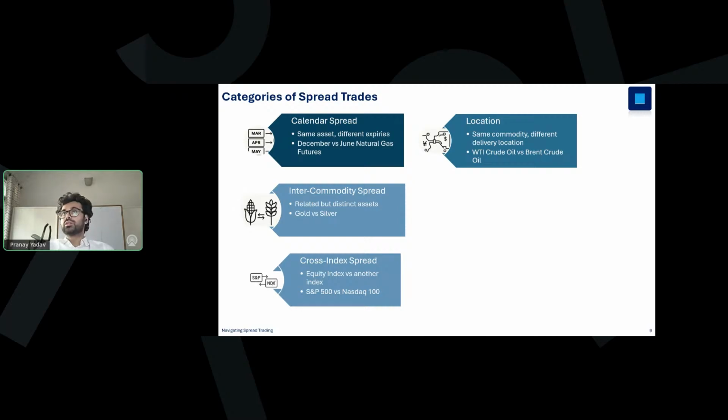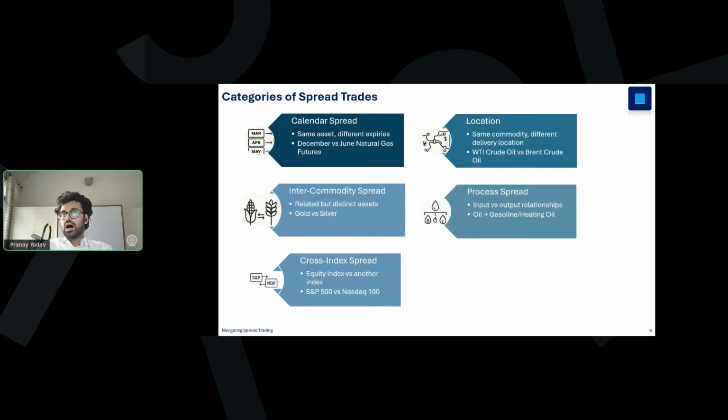The spread between the two can offer a location spread, and that can be a very useful quantity to track if you're looking to get information on how a specific asset's locational availability is trending, which means how much of crude oil is actually available in the US versus internationally. And location spreads are really important, especially during things like supply shocks, similar to what we are seeing right now.